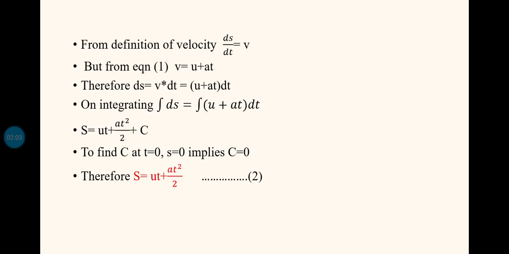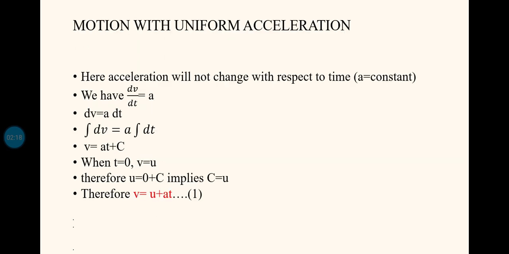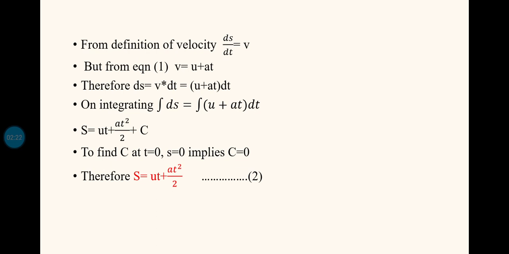Here from the definition of velocity, we have ds by dt equal to v, rate of change of displacement with respect to time equal to velocity. But from the equation we have just derived, v is equal to u plus at.